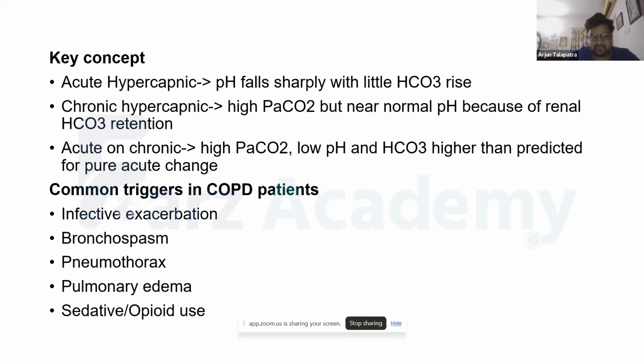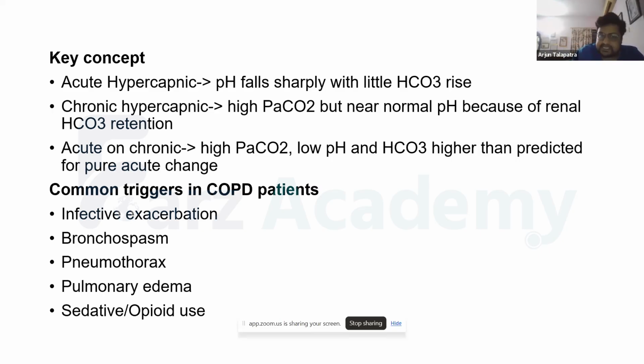Okay. So firstly, the clinical context, right? A COPD patient, a chronic CO2 retainer, would generally have chronic or acute on chronic failure. In acute hypercapnia, your pH would fall sharply, right? But the bicarb wouldn't rise much. So your bicarb would at best be 27, 28, right? So that's how you differentiate. In chronic, your pH can be near normal.